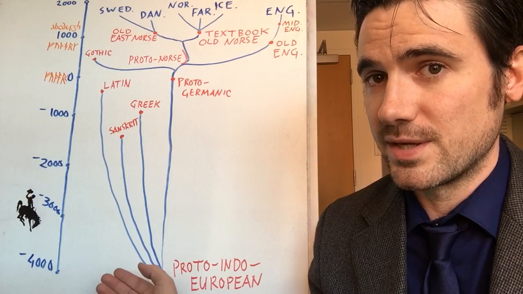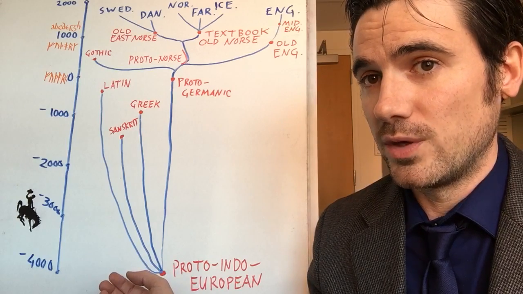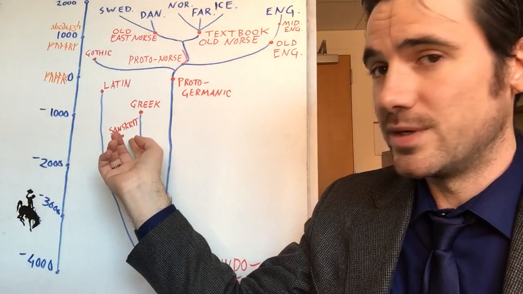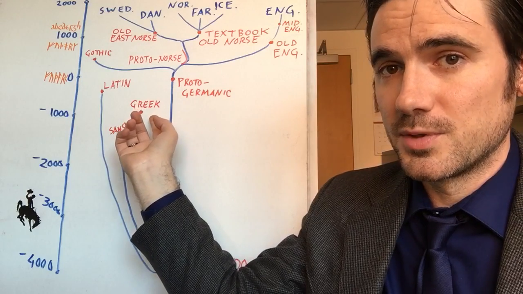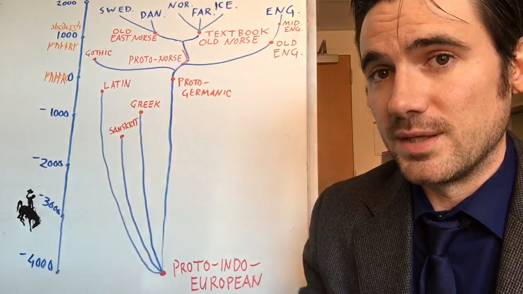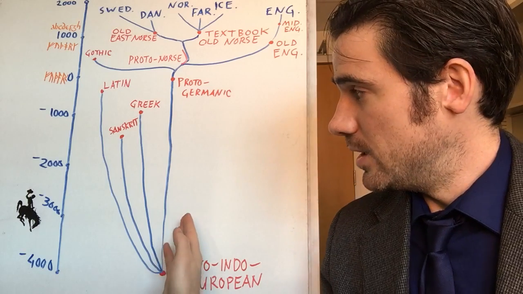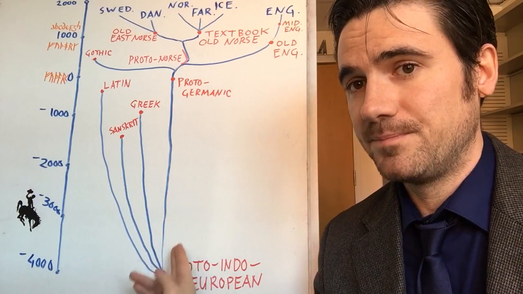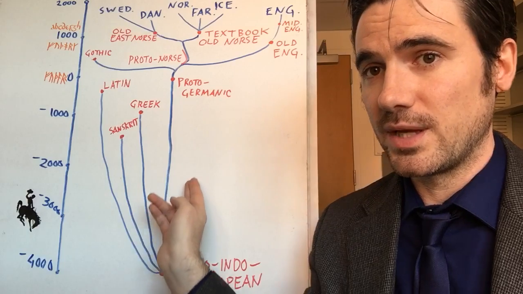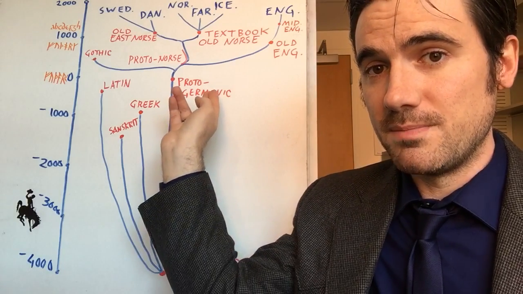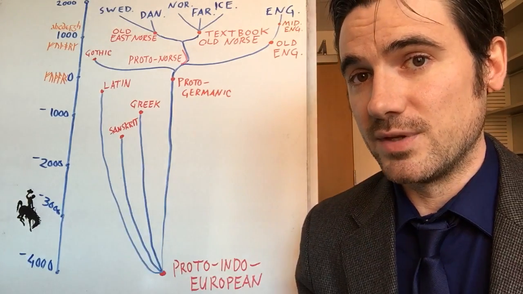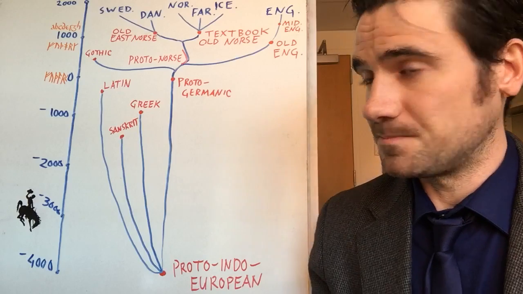Some of the earliest languages that are written down and that are well known to people include Sanskrit in India, Greek in Greece, and Latin in Italy, and later the whole Roman Empire. But not written down for some time is the branch of the Indo-European languages that will become the Germanic languages, including Scandinavian, English, and German today.